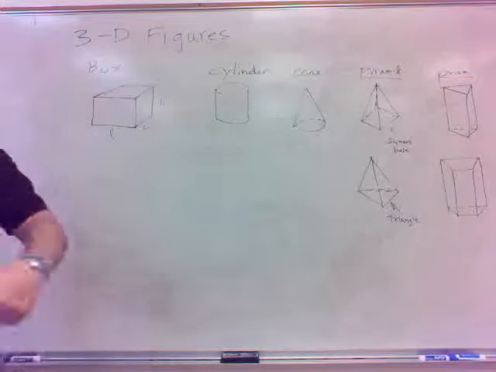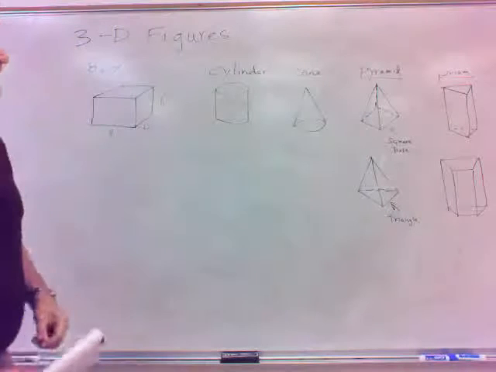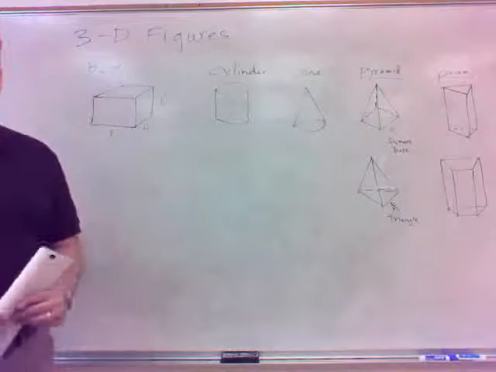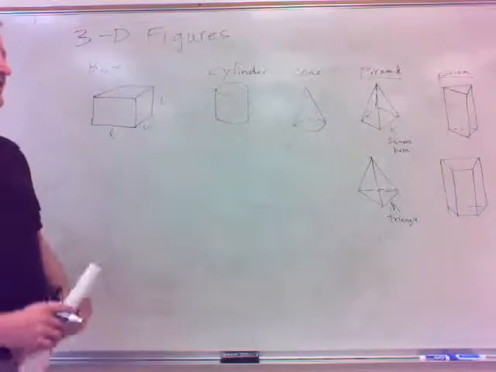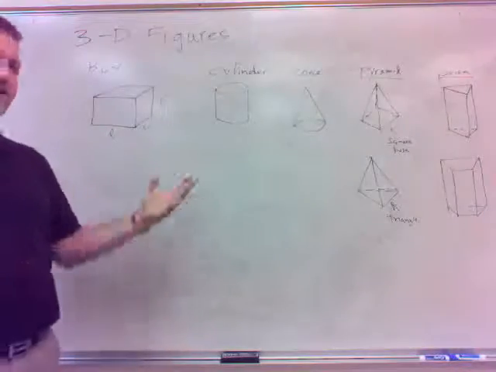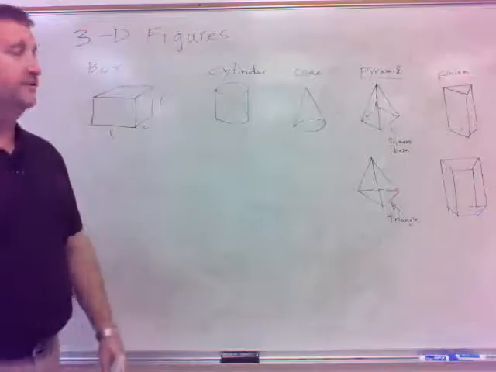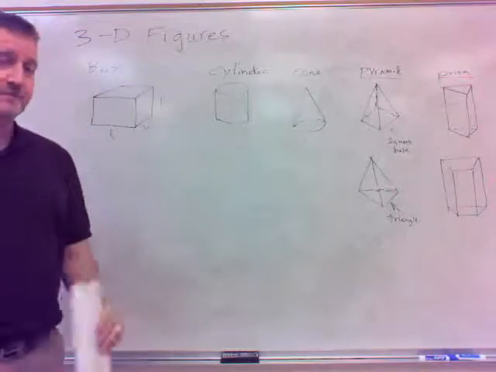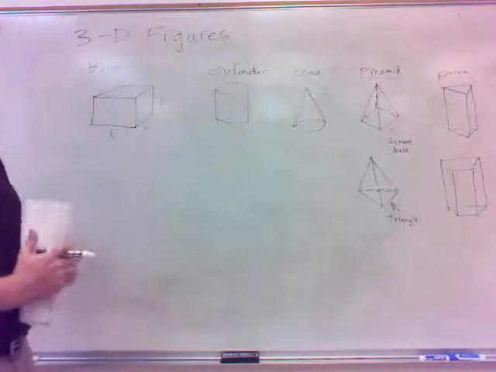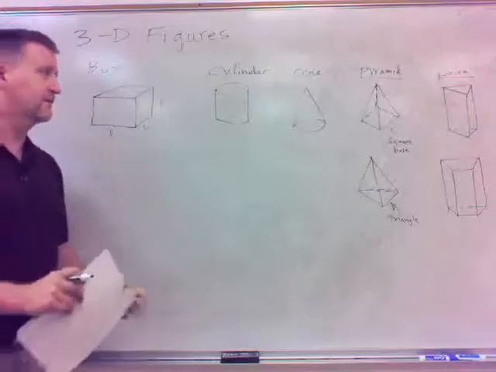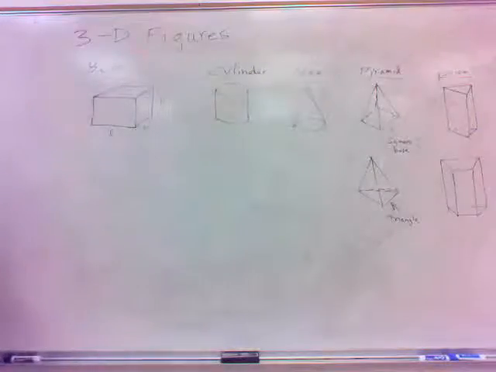You can have a hexagon be the top and the bottom of the prism. You can have a dodecagon be the top and bottom of the prism. Any polygon could be your top and your bottom of your prism. So anyway, that's some of the shapes. We've got a few more, but those are some of the basic ones.